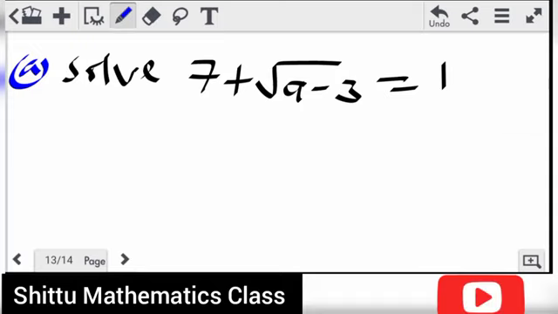So the radical is just this sign here. That is what a radical is.